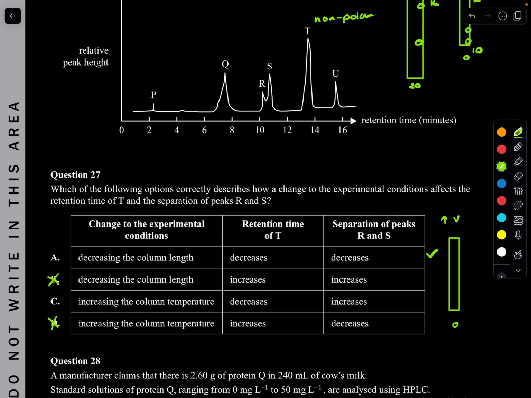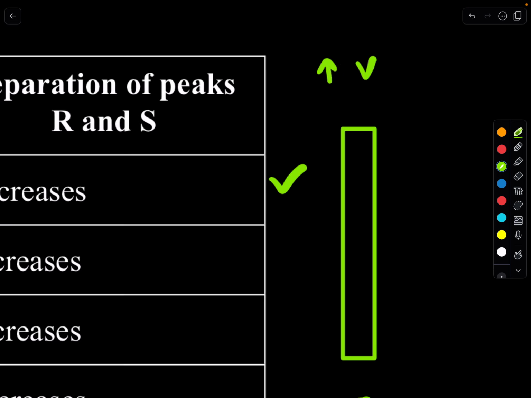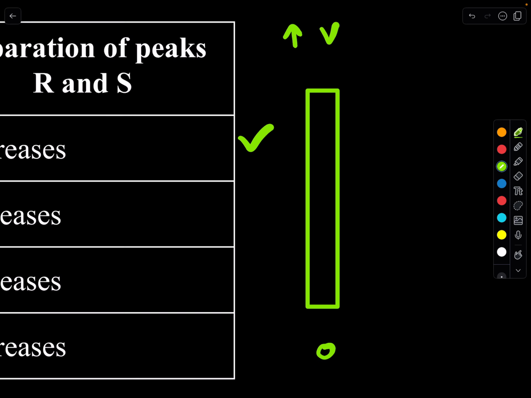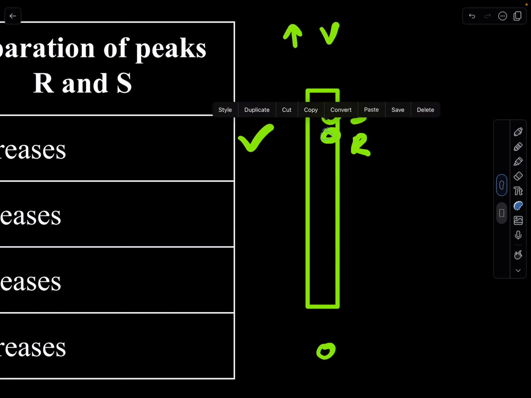So come back to that, increasing column temperature. It says separation of peaks on R and S should increase. Let's think about it. Say we have R and S here, S and R. Very closely related molecules, we can say. Like we said, if you increase the temperature, you're breaking those intermolecular forces, and hence they are coming out quicker.